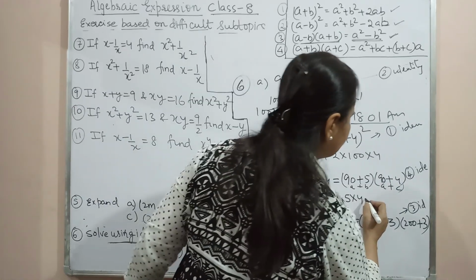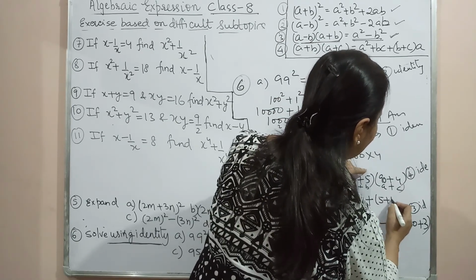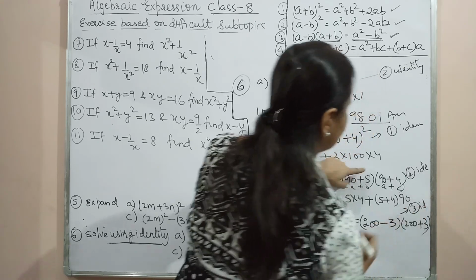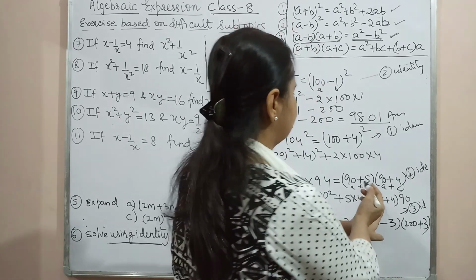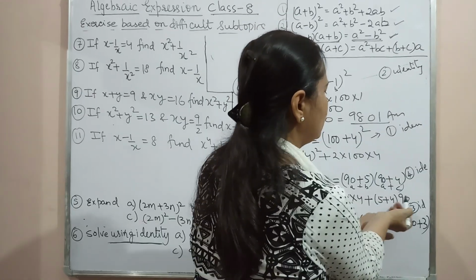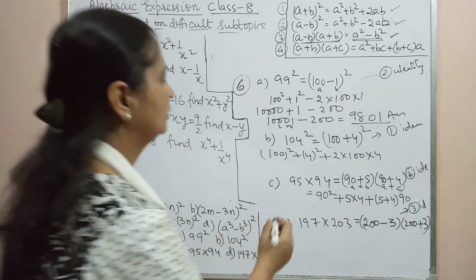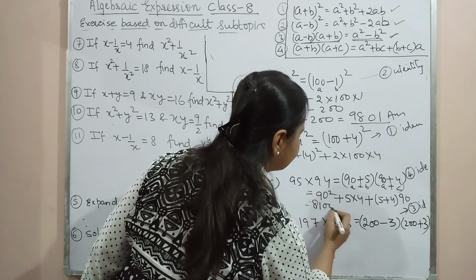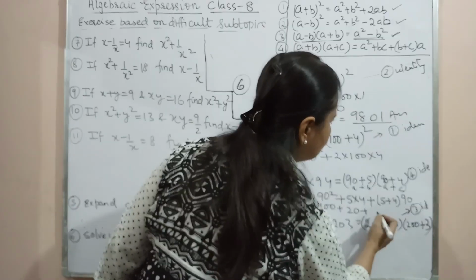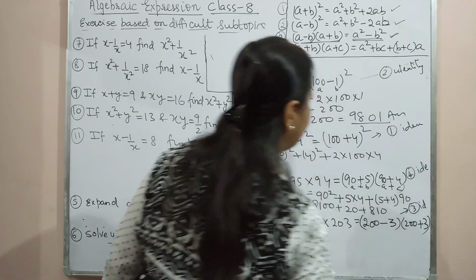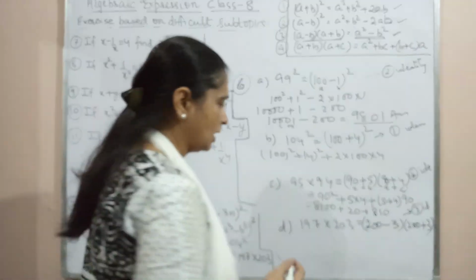The third is plus, from here 5 and from here 4, multiplied by 90. What was said: b plus c into a. b is this plus c is 4, multiplied by 90. So whatever answer you get: 9 9s are 81, 00, plus 5 4s are 20, plus 9 into 90, 9 9s are 81, 100 and 810. So solve it and get the answer.